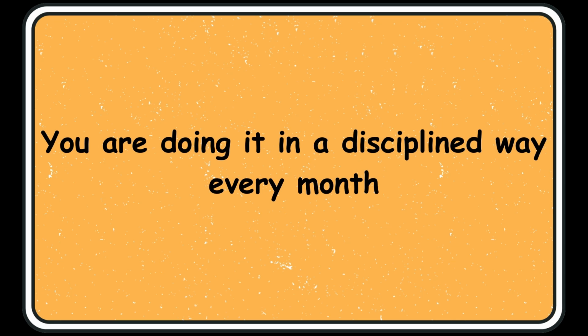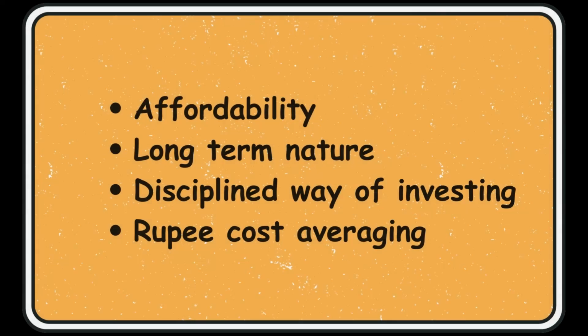Whenever the market is under correction, you will be buying at a discounted rate. Whenever the market goes up, because the accumulated units of the SIP go up, the overall portfolio value will go up. So affordability, long-term nature, disciplined investing and rupee cost averaging are the advantages of these rules.